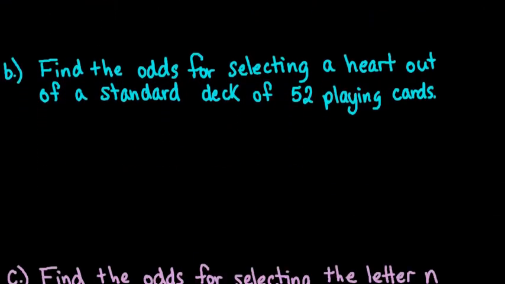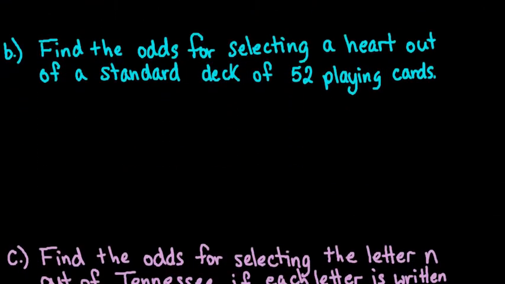All right, so let's look at the next situation. For this one, we want to find the odds for selecting a heart out of a standard deck of 52 playing cards. In case you're not familiar with a deck of 52 playing cards, there are 4 suits. The first one is diamonds.